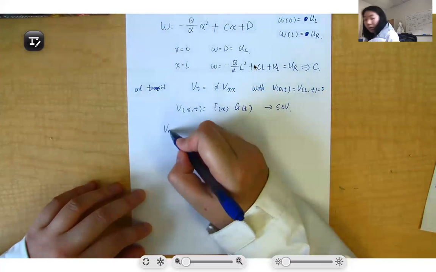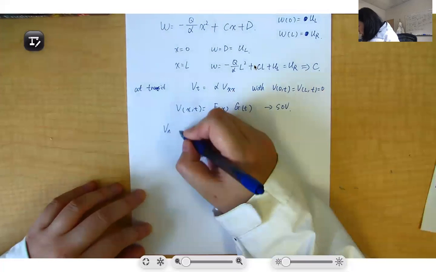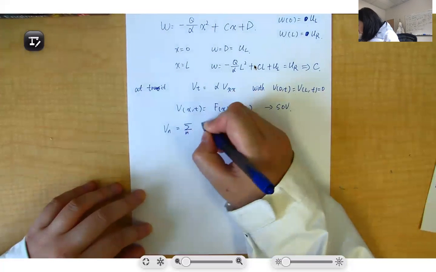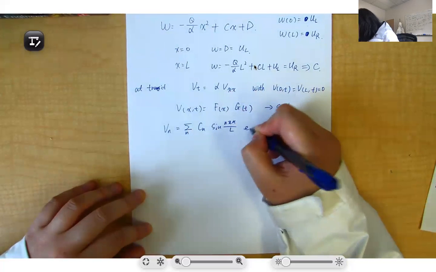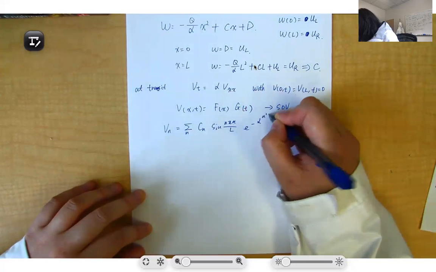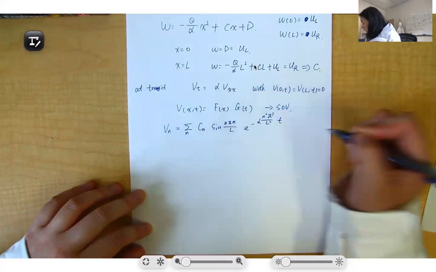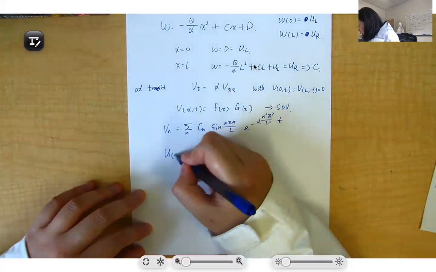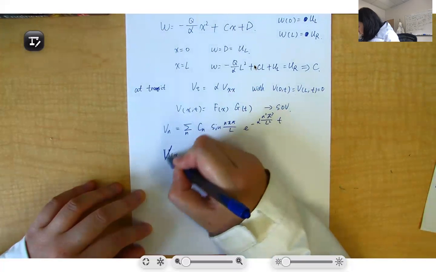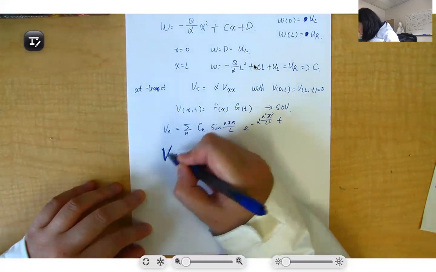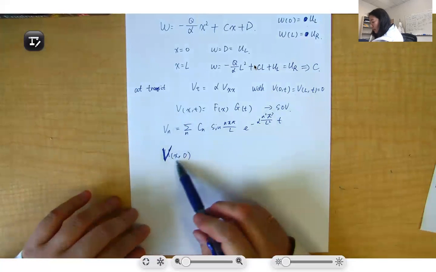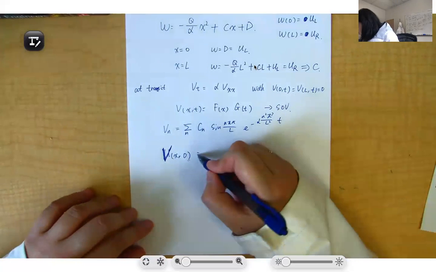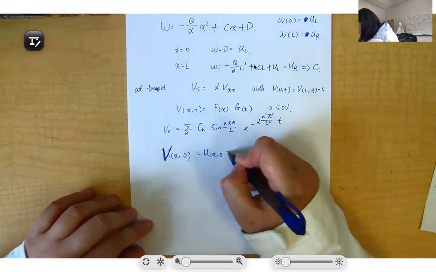In the end, we already solved this part. The v_n equals the sum of C_n sine(n pi x over L) e to the minus alpha n squared pi squared over L squared t. And you have v(x,0), which is the initial condition. v(x,0) equals u(x,0) minus w(x).